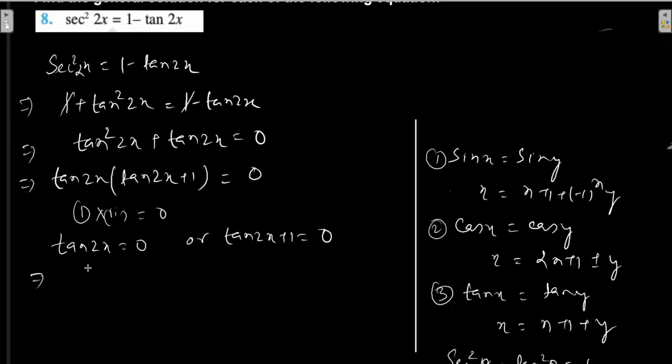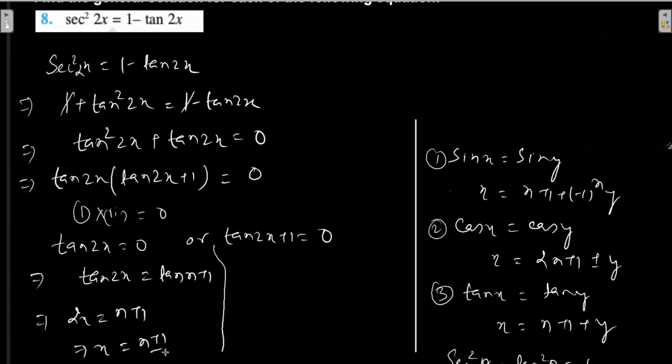So when tan 2x is 0, we can write tan 2x equals to tan of n pi, just like sin theta. We know that whenever it's a multiple of pi, tan theta's value is 0. This implies 2x is equals to n pi. This implies x equals to n pi by 2 in first case.